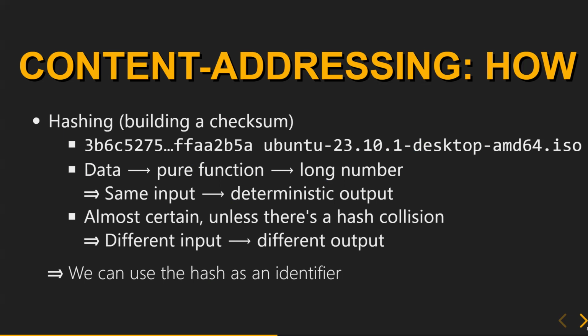So I try to keep it simple. You have some data, and then you have a function. It's really like a mathematical function. You put something in and you get something out, and the output is just a long number. How it actually works doesn't really matter.